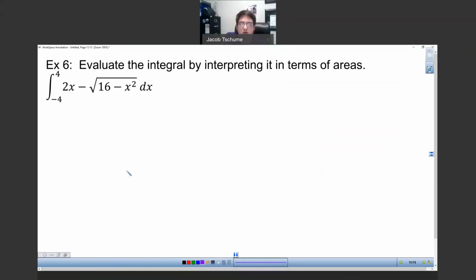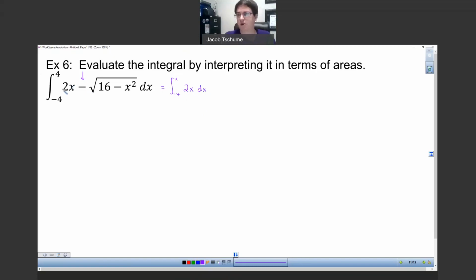So what if we want to integrate from negative 4 to 4 of 2x minus the square root of 16 minus x squared? Remember, your properties of integrals say that just because it's being subtracted, what you can actually do here to make this a little bit easier is write this as 2 separate integrals.